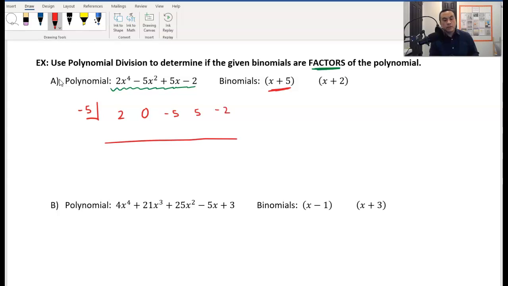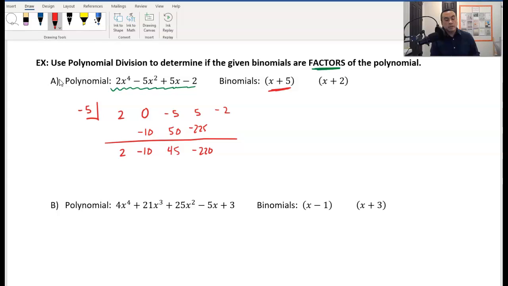All right, then you continue here. You bring the 2 down, multiply negative 5 times 2, that's negative 10. Combine those, that's negative 10. Multiply that, that's 50. Combine those, that's 45. Multiply those, okay, that's going to be negative 225. Combine those together, and that's going to be negative 220.